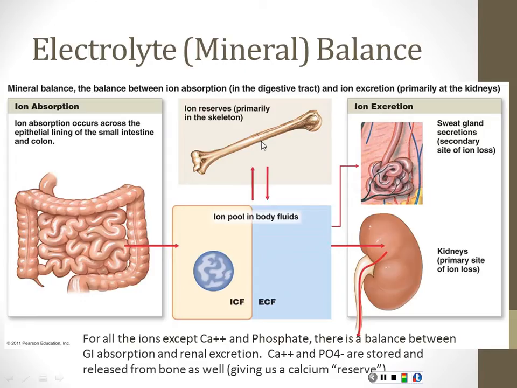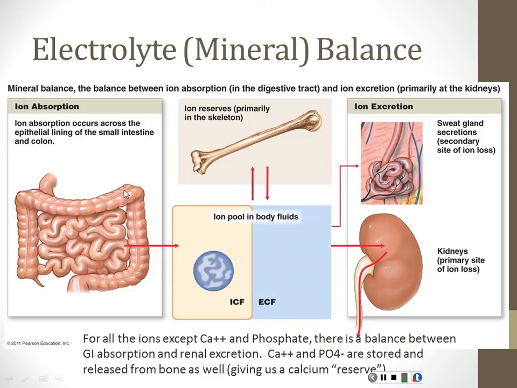So bones are made of calcium mostly, but also sodium, potassium, magnesium, and some other rarer elements. So if we take in more ions than we get rid of, well, we can store them in the bone. We saw this when we talked about parathyroid hormone and calcitonin, right? How the bones play a role in calcium homeostasis. So that's what they're talking about here.